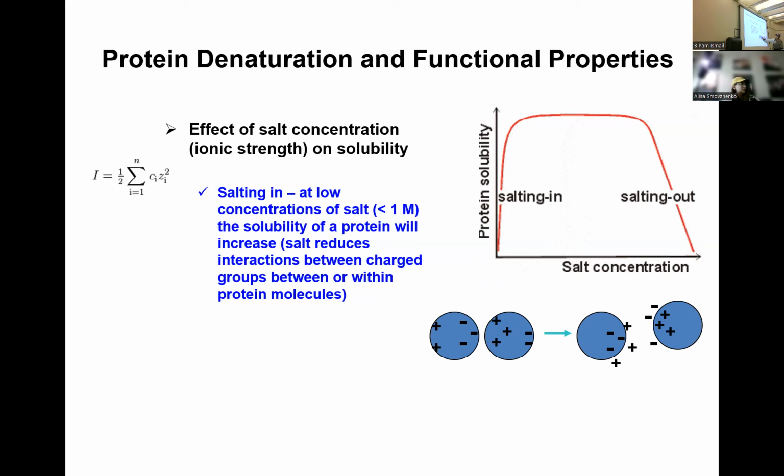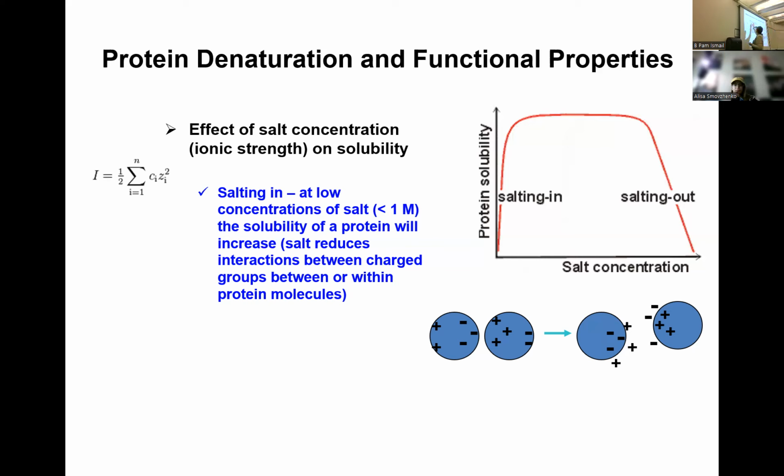So when you have proteins that could be potentially interacting via ionic interactions, the salt is going to add charge load and prevent these proteins from interacting with each other and have them interact more with water. But above a certain concentration, there will be a lot of shielding of charges that will counter this effect and prevent the protein from interacting with water.